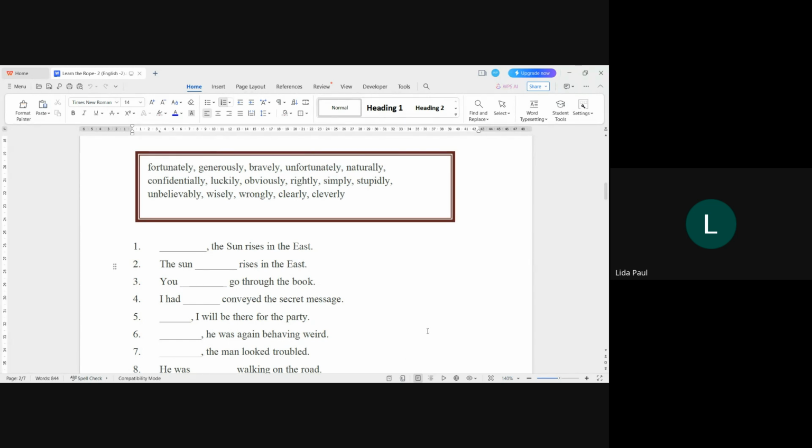Okay, so what would be the first one then? Dash, the sun rises in the east. You can pick a suitable one from the list you have there.